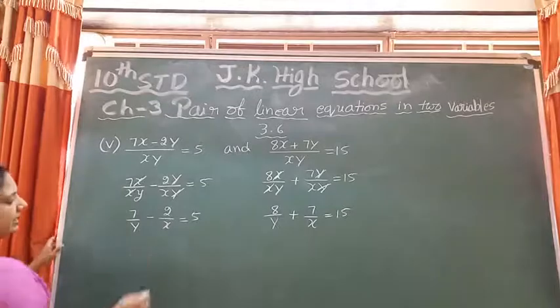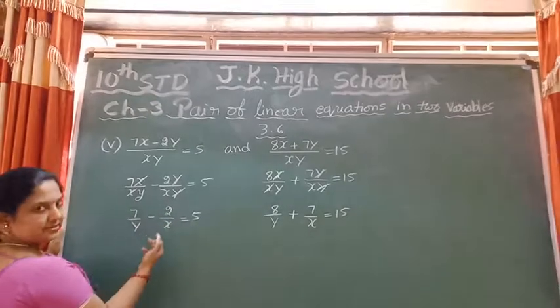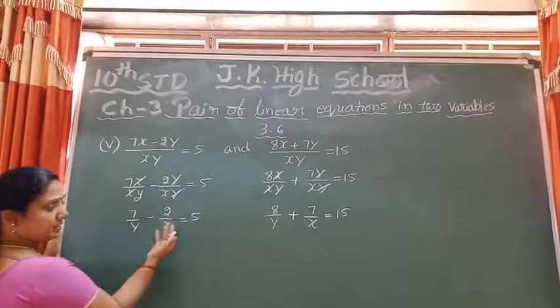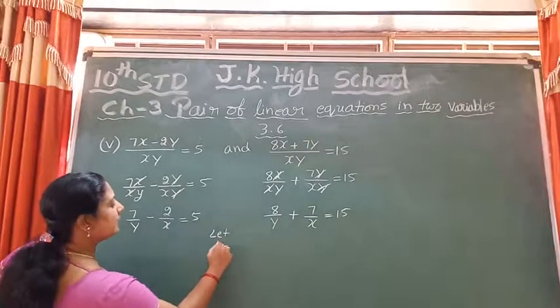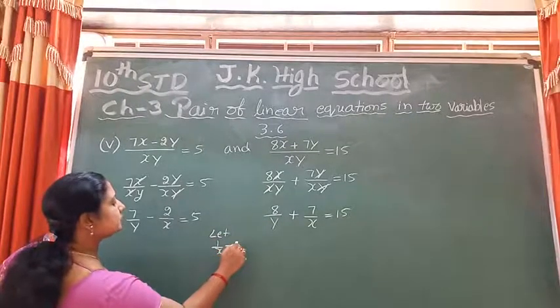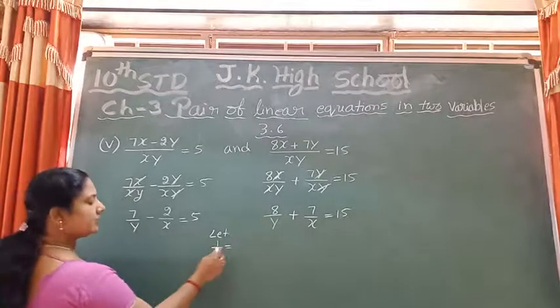So now let 1 by y be equal to p and 1 by x be equal to q. Here I am writing: let 1 by x is equal to q and 1 by y is equal to p. If you want to write p first, no problem.